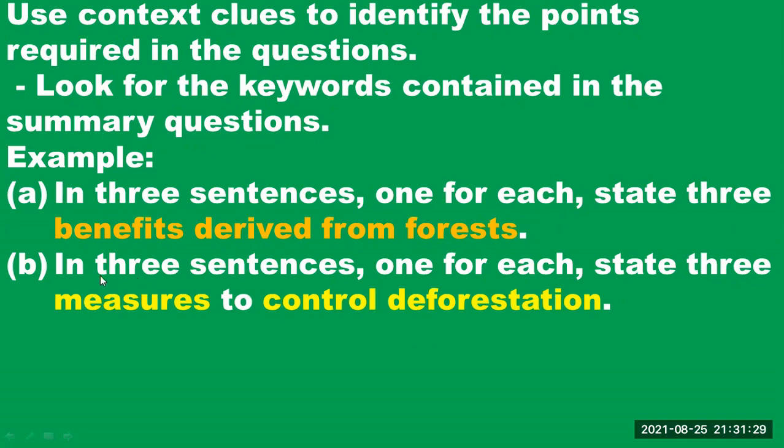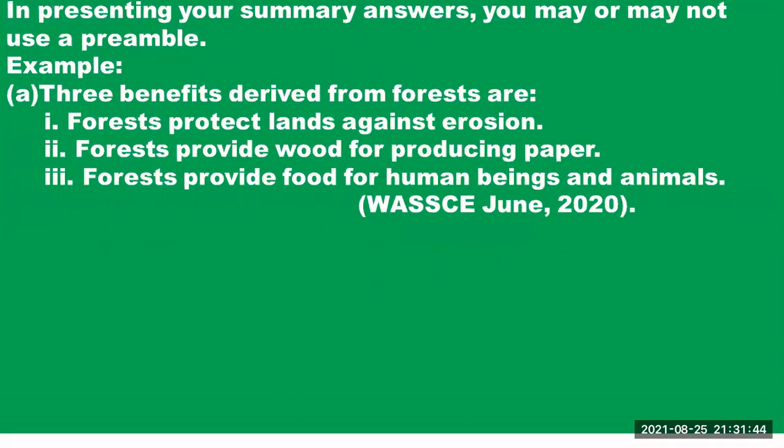Then in question B, in 3 sentences, one for each, state 3 measures to control deforestation. So we are looking at measures to control deforestation. That gives us a clue as well. So when you read the question and you read the passage, then you will understand.